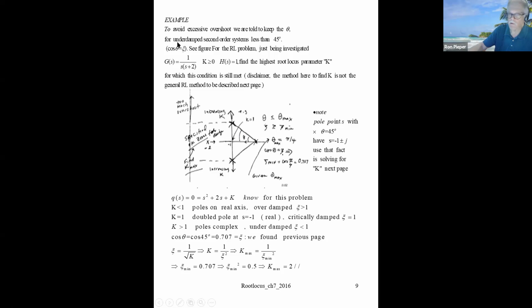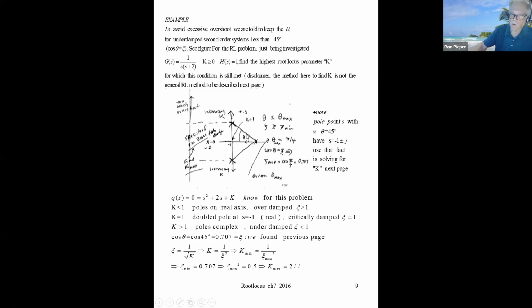I'll remind you that as K became bigger and bigger, greater than 1, the root locus poles moved up on the positive side and the negative side, away from the -1, so that angle just opened up more and more.